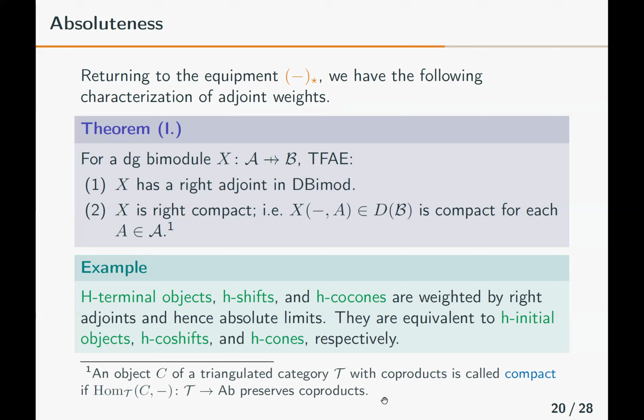From this, we can see that H-terminal objects, H-shifts, and H-cocones are weighted by right adjoints and hence absolute. And these limits are equivalent to the corresponding absolute colimits, that is, H-initial objects, H-coshifts, and H-cones, respectively.